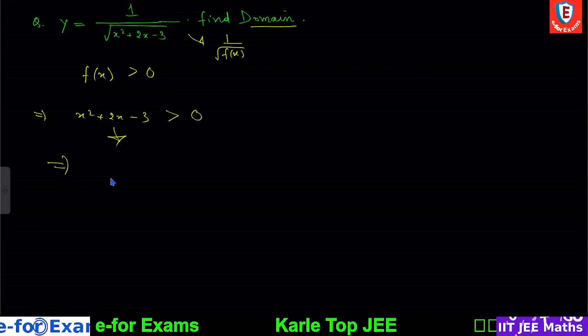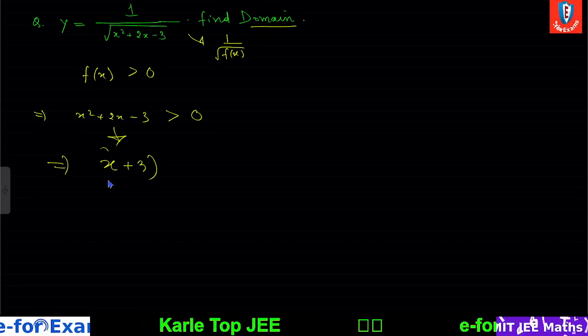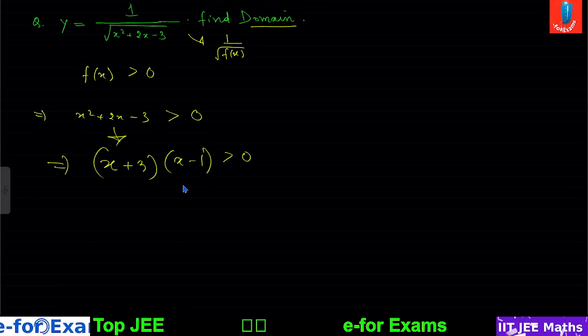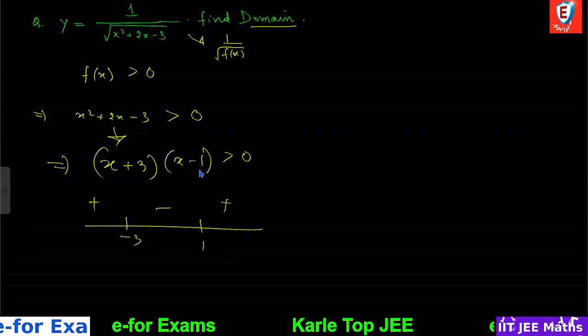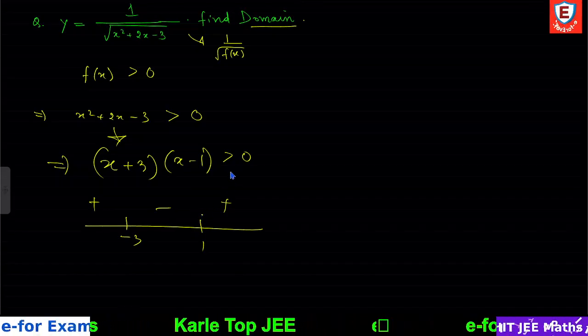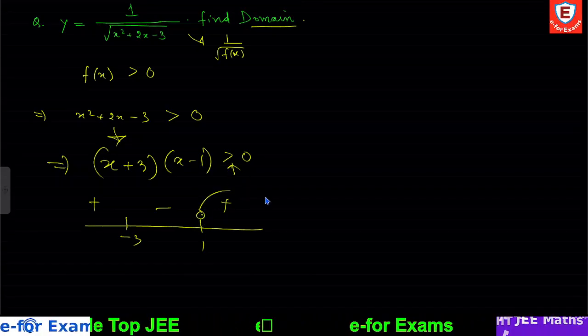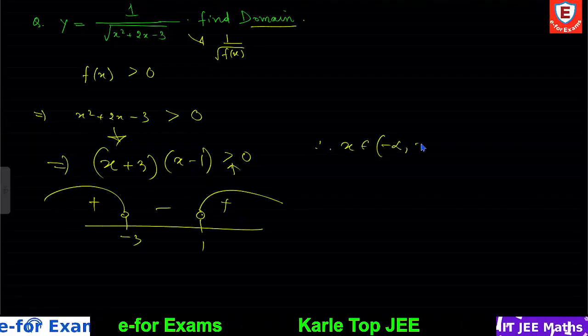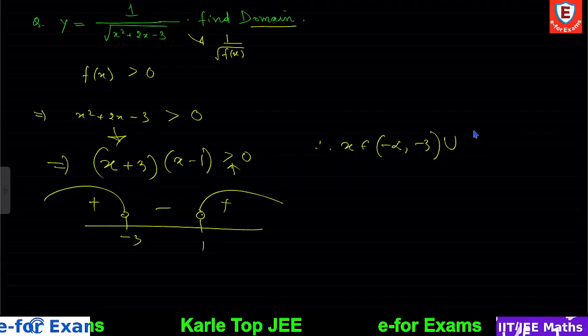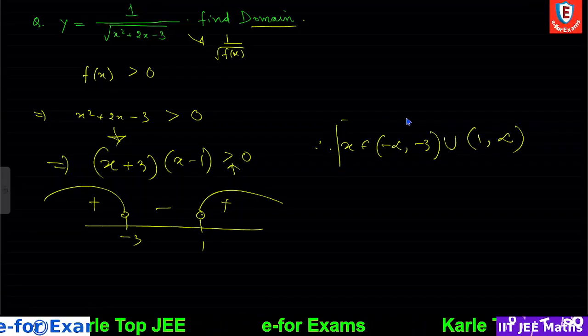We can factorize this: (x plus 3)(x minus 1) greater than 0, with critical points minus 3 and 1, plus minus plus. It is greater than 0, so no equal to sign, so it will be a hollow circle. Therefore x belongs to minus infinity to minus 3, and open 1 to infinity. This is the solution.